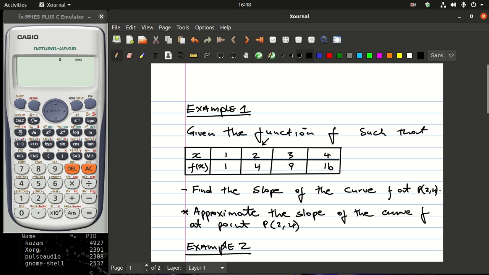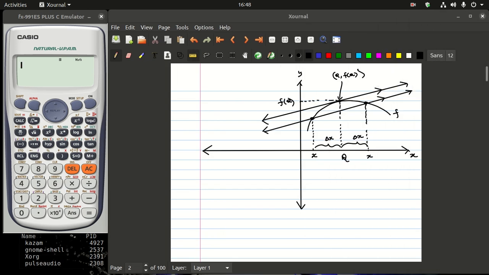Another way of asking this, even though these two mean the same, would be: approximate the slope of the curve f at this point. They're saying approximate, right? So we're going to look at both of these two questions and answer them in the same way that I'm still trying to explain here.